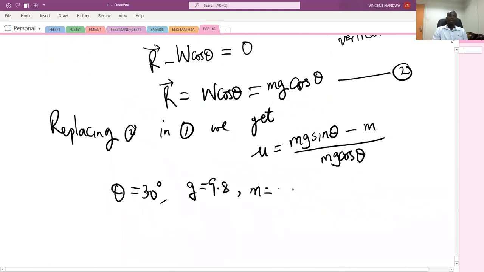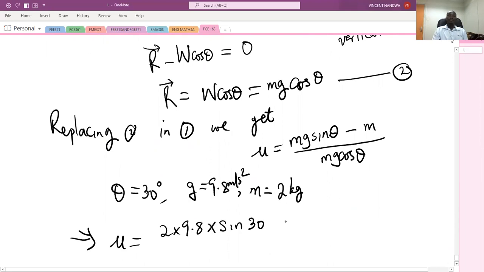The acceleration is 1 meter per square second. So this means that mu is 2 times 9.8 times sine of 30 degrees minus 2, divided by 2 times 9.8 times cosine of 30 degrees.